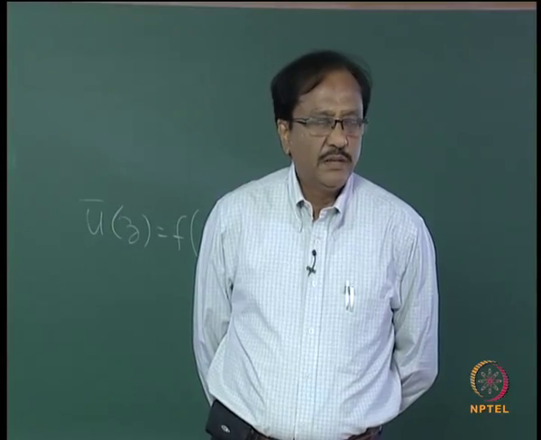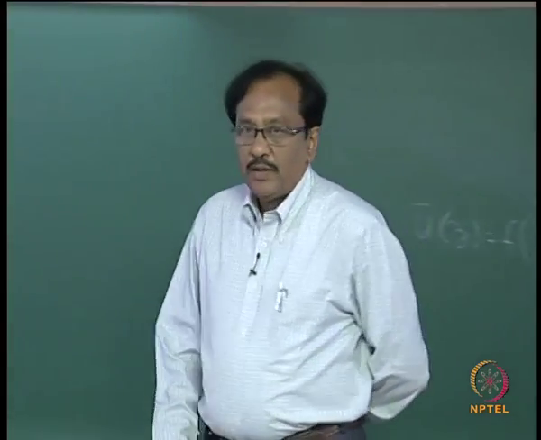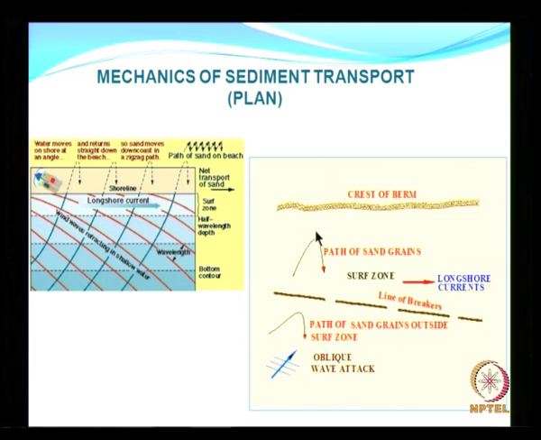Is that clear? So, the flow field or the speed with which the water moves along the shore is called the longshore current, and the one which is moving normal to the shore is called as what?